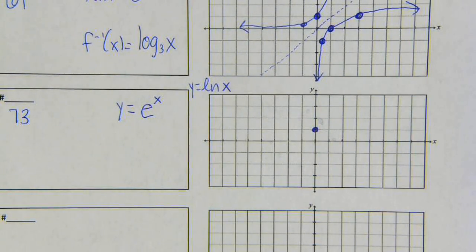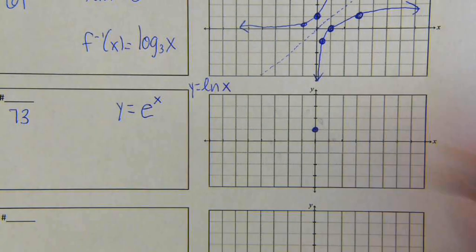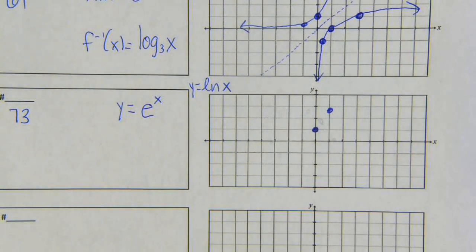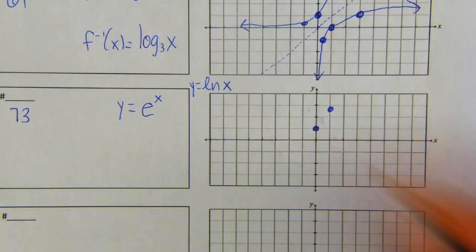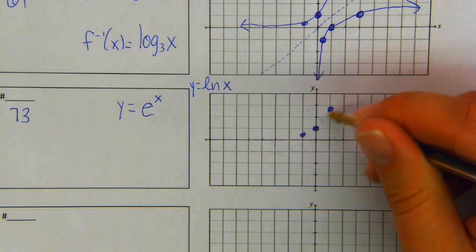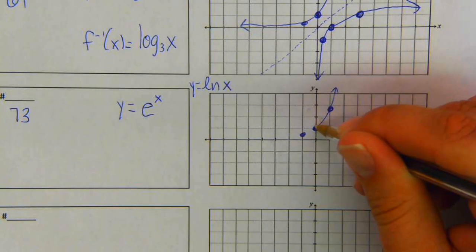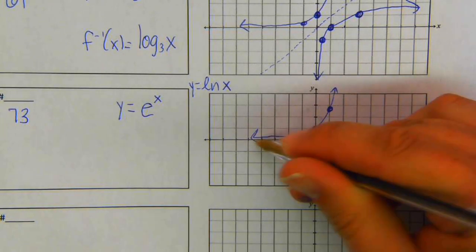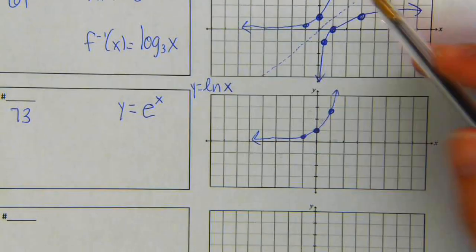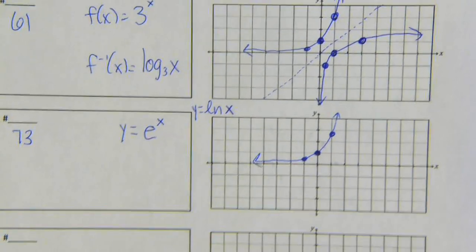When x is 1, y is e, which is about 2.7. When x is negative 1, I remember yesterday it was about 0.36. So that is what y equals e to the x looks like. It's about the same as the graph up here, because e is almost 3.